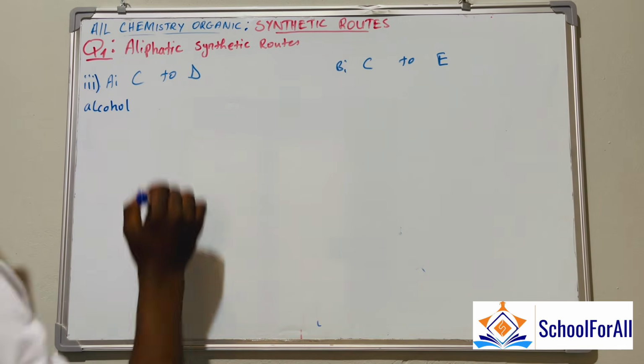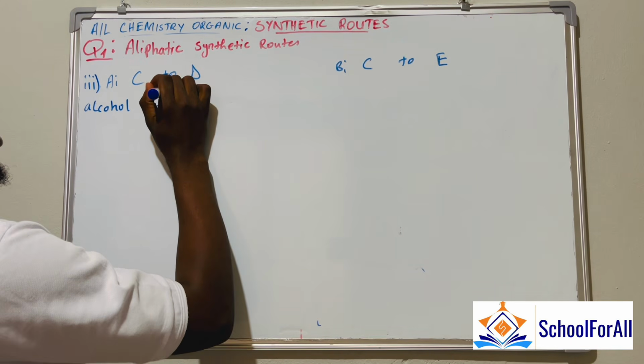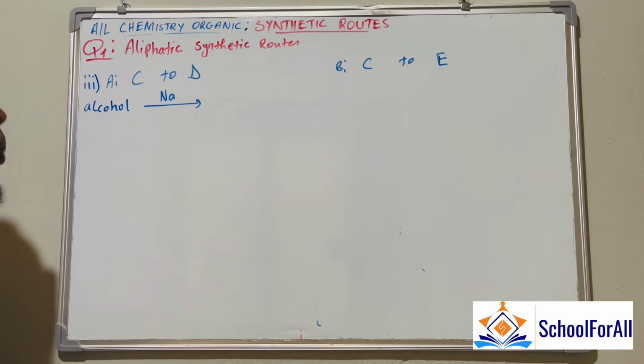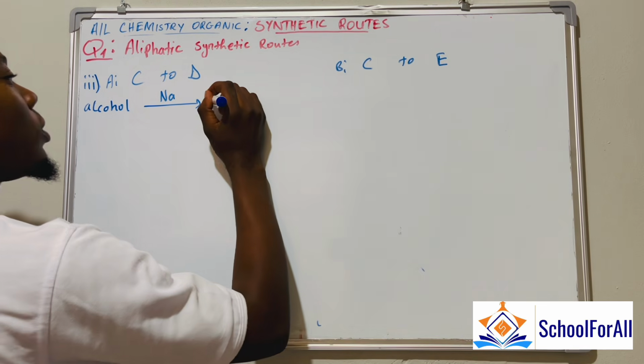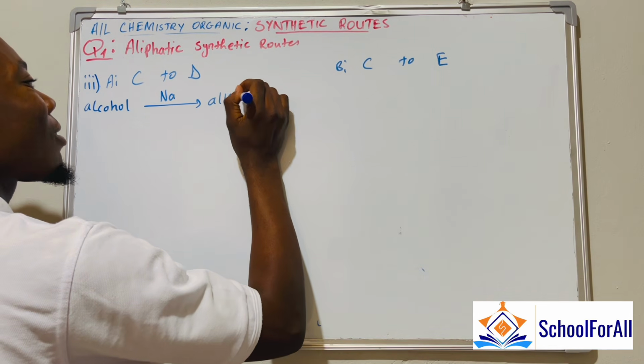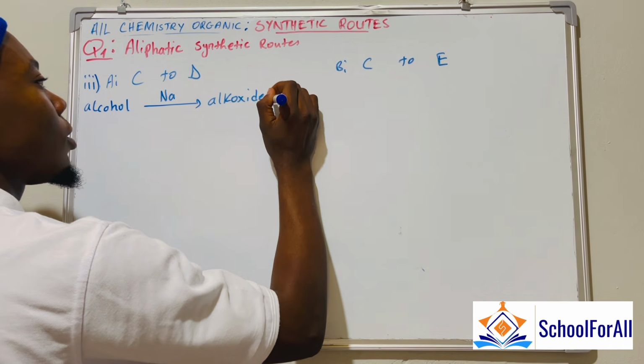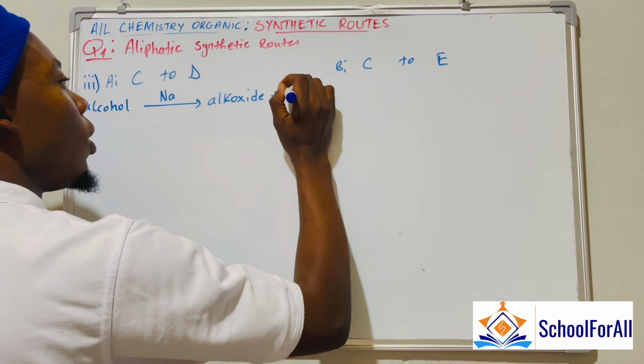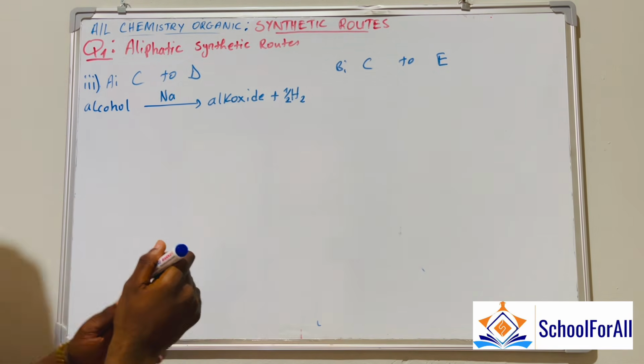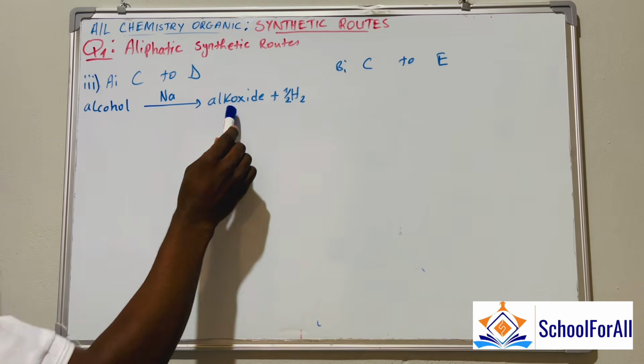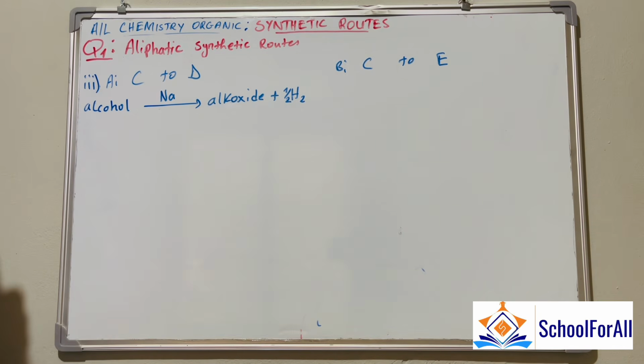To convert it to D, I put sodium. Whenever an alcohol reacts with sodium, it will generally produce an alkoxide with the release of hydrogen gas.